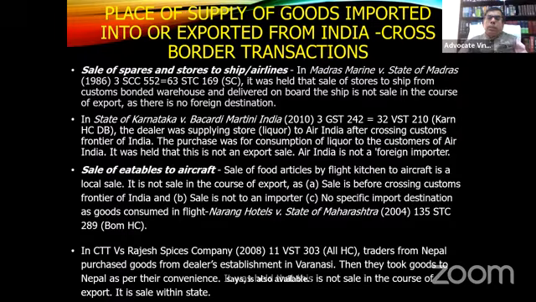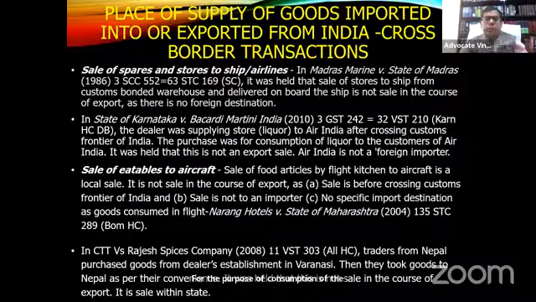Now here, in case of an import or export, some of the judgments which I wish to refer to concern what happens if the goods are sold to a ship which is going to sail, or goods are sold to an air carrier for the purpose of consumption of the passengers.